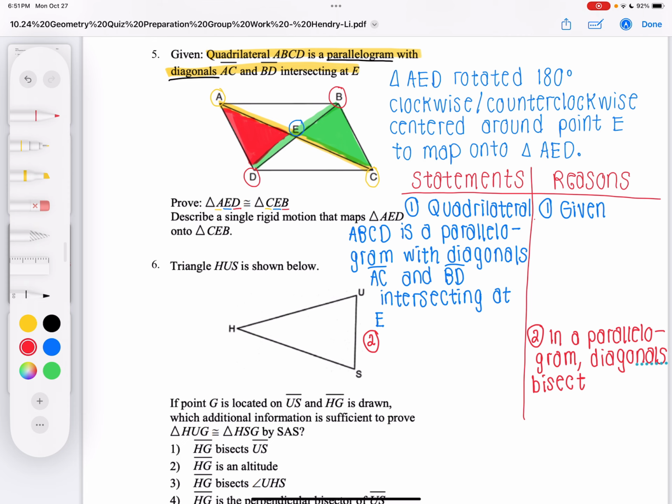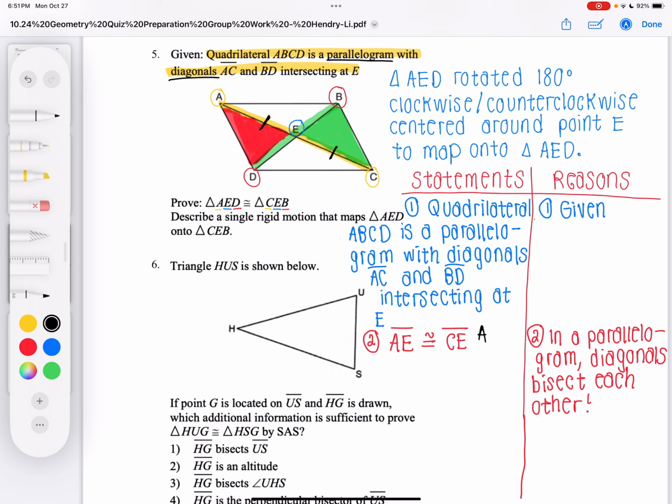The diagonals cut each other in half. So I'm going to mark that in my diagram. Line segment AC that we first highlighted in yellow, we're going to cut in half so that line segment AE is congruent to line segment CE or EC.